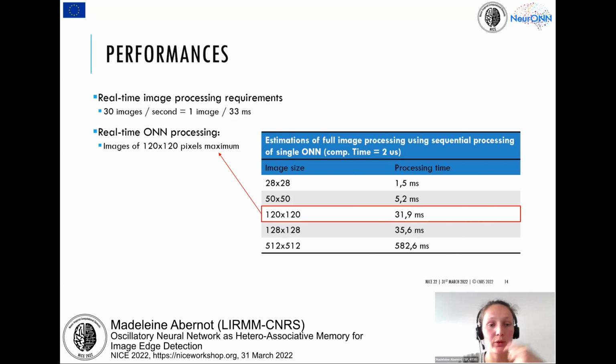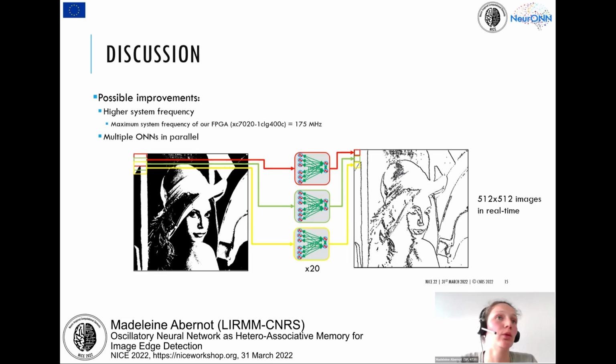And the other state of the art do not go faster than this. So in order to improve this, given that our ONNs take a really low amount of resources, the idea is to use multiple ONNs in parallel to scan the image. We made some estimations using 20 ONNs in parallel, and in this case we can scan a 500 by 500 pixel image in real time.